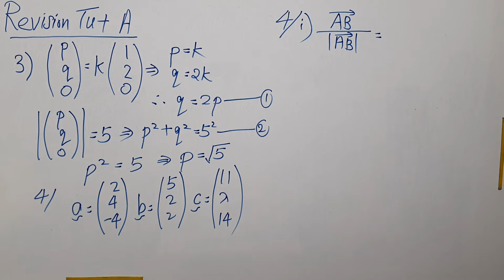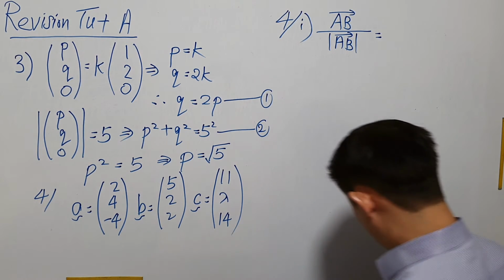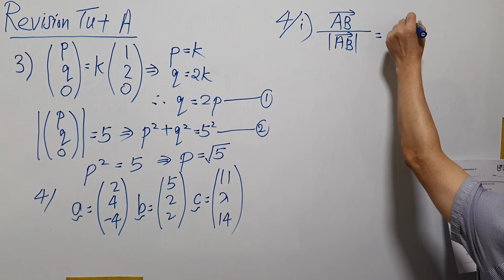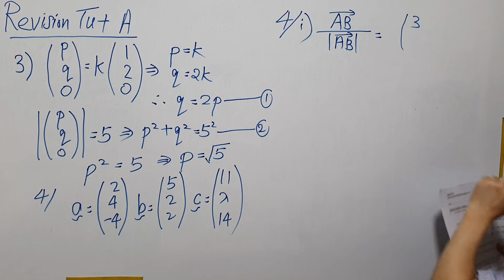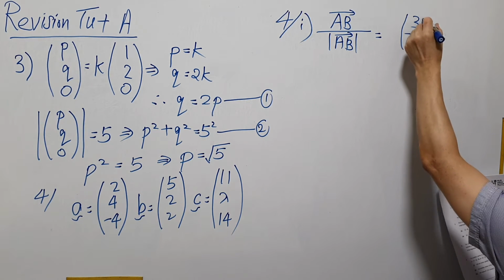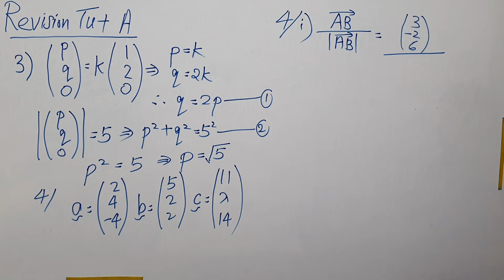What is the vector AB? AB is actually OB minus OA. So the vector AB is 3, minus 2, 6.